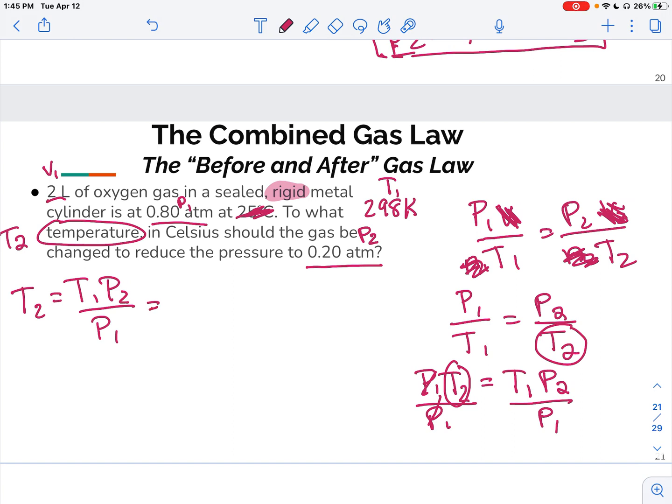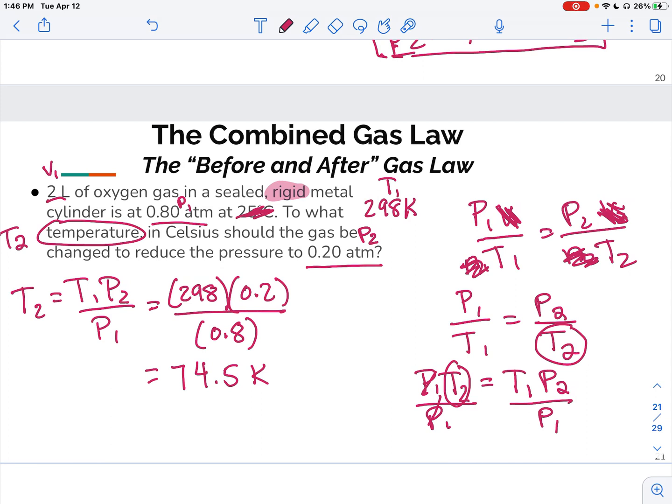So our temperature is 298, our P2 is 0.2, and our P1 is 0.8. So when we do out that math, we get 74.5 Kelvin. So let's see if that makes sense to us, okay?